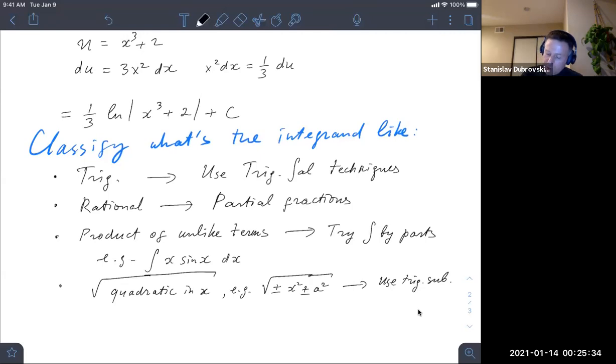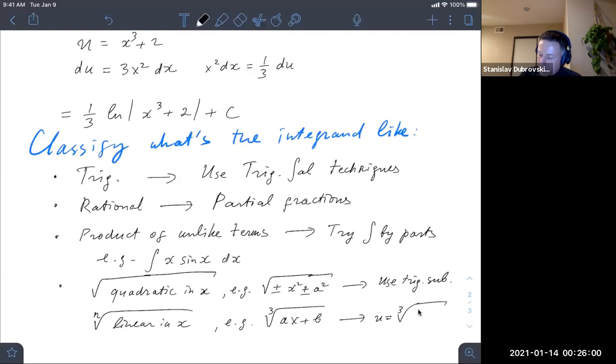What if it's not quadratic? What if it's linear? Linear in x. And this could be any radical, power n, e.g. third root of ax plus b. Then just take that as your u. And that is known as a rationalizing substitution.